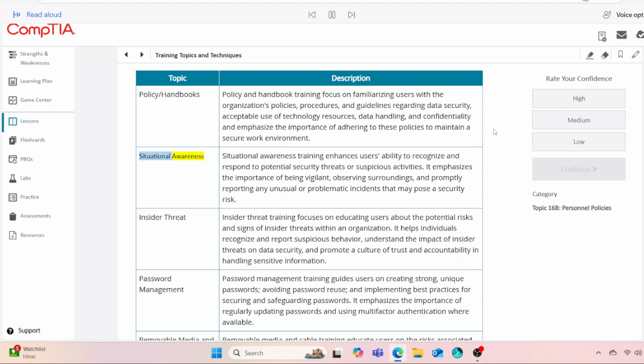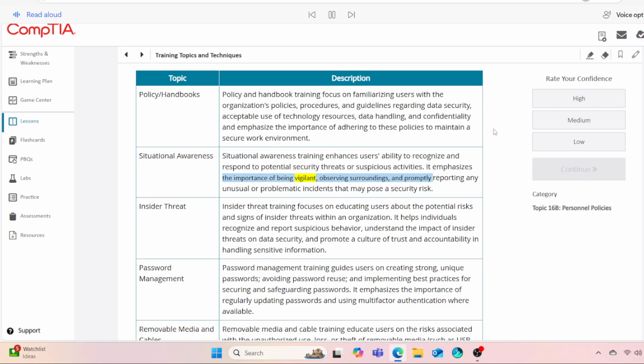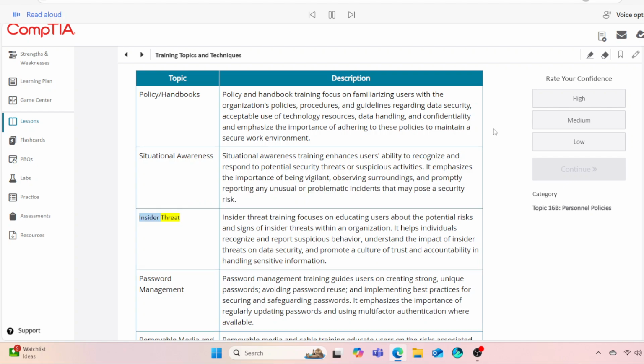Situational awareness. Situational awareness training enhances users' ability to recognize and respond to potential security threats or suspicious activities. It emphasizes the importance of being vigilant, observing surroundings, and promptly reporting any unusual or problematic incidents that may pose a security risk.